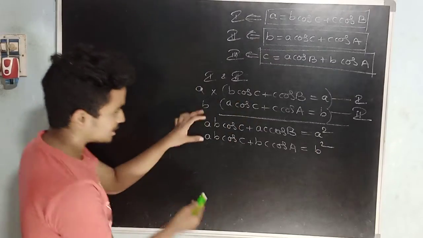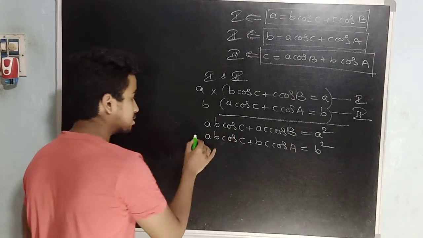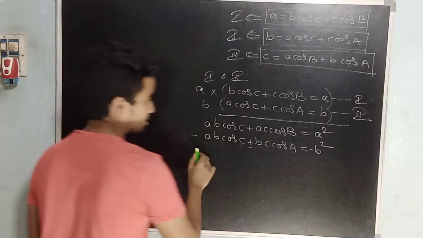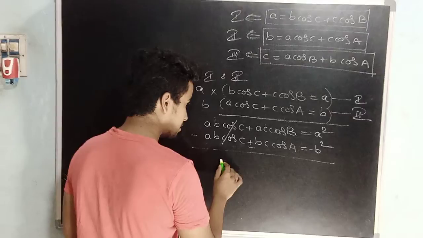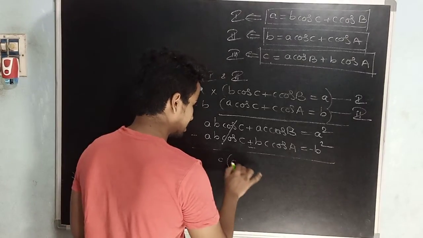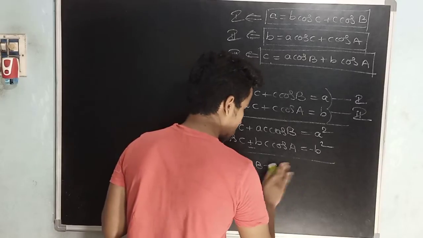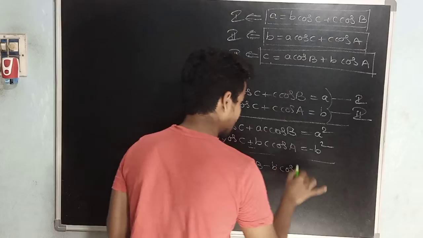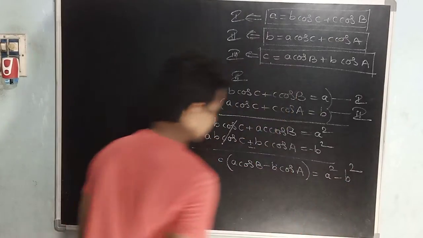Okay, here we got a common term, that is AB cos C and AB cos C. I am going to subtract these two so that these both will get cancelled, and when we take C as common, A cos B minus B cos A is equal to A square minus B square.